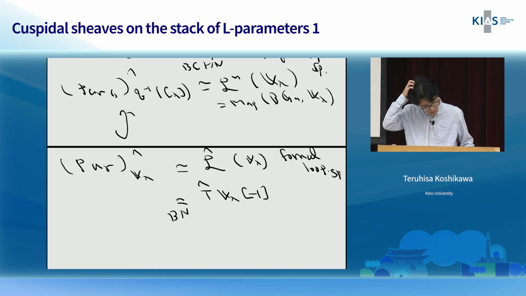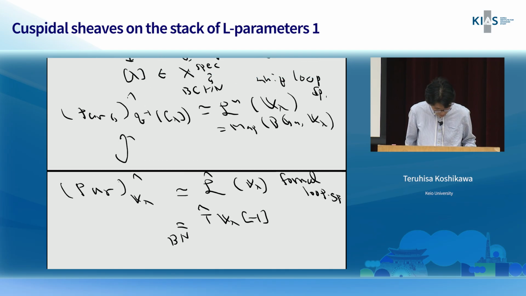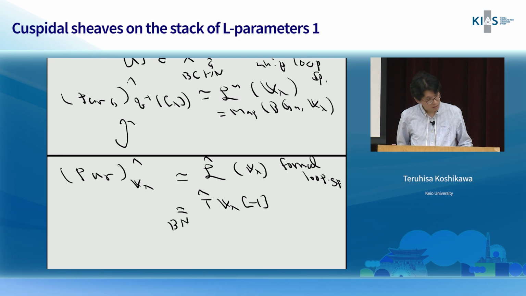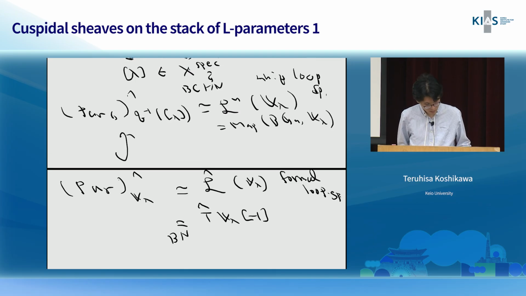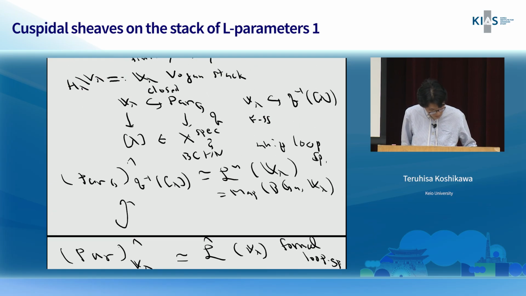Okay. Anyway, I look at these completions. Which one? The unipotent one? It's already kind of formal. No. I said it's a closed substack of the fiber, and the Vogan stack is a Frobenius simple locus.